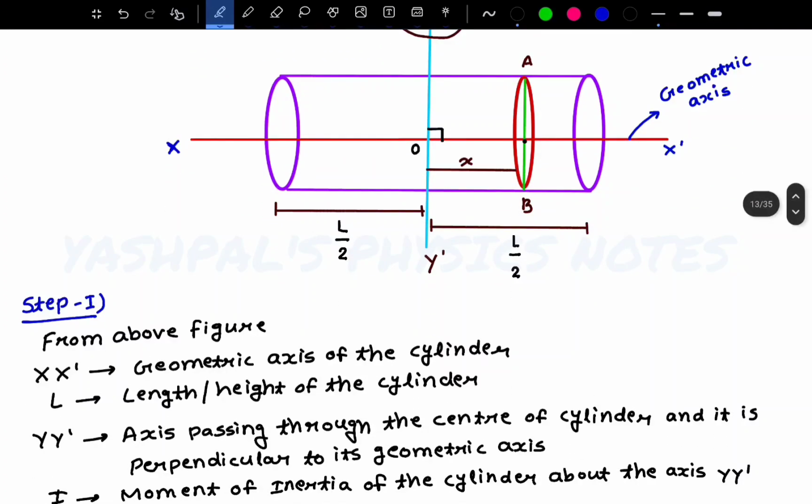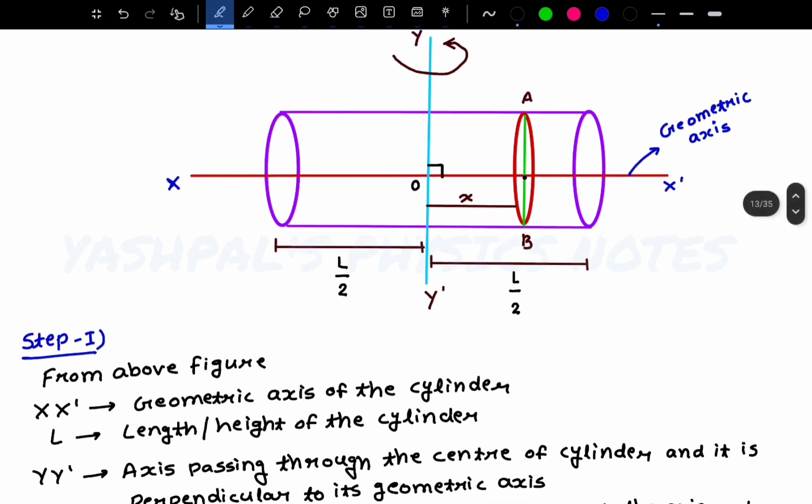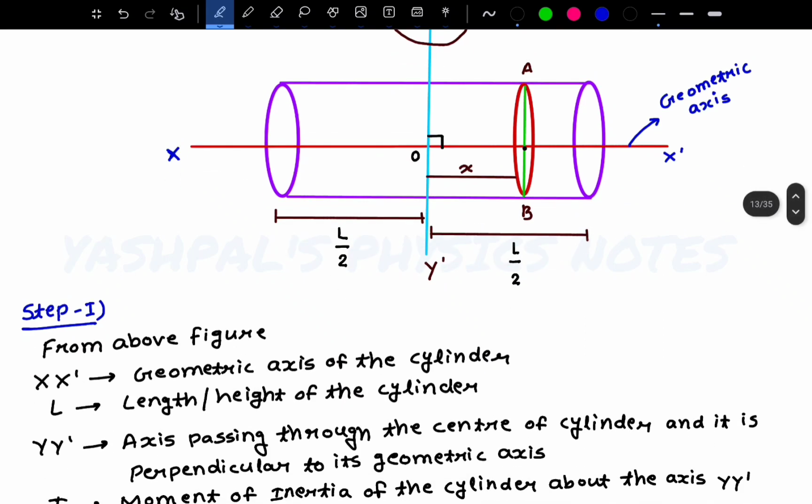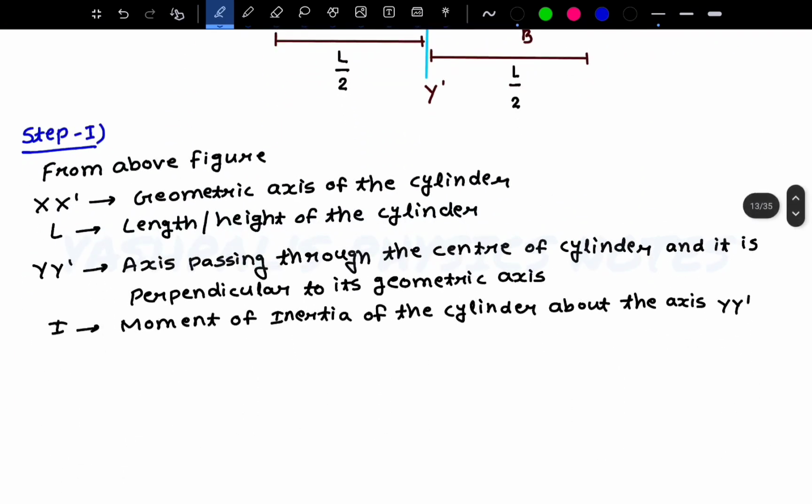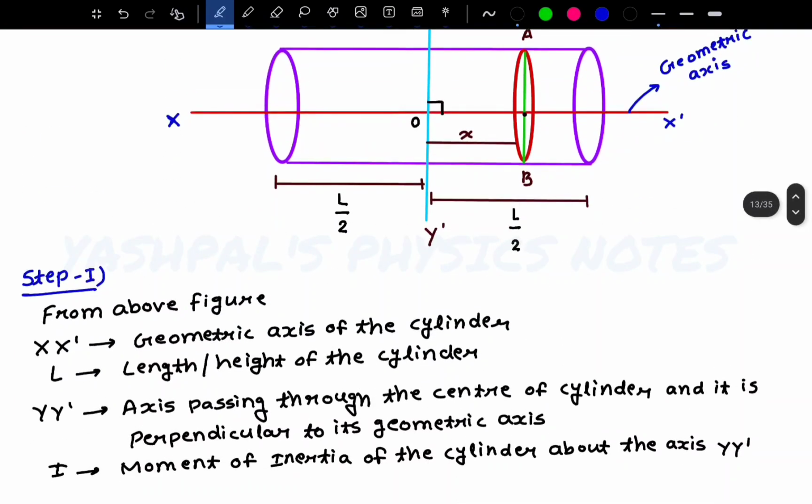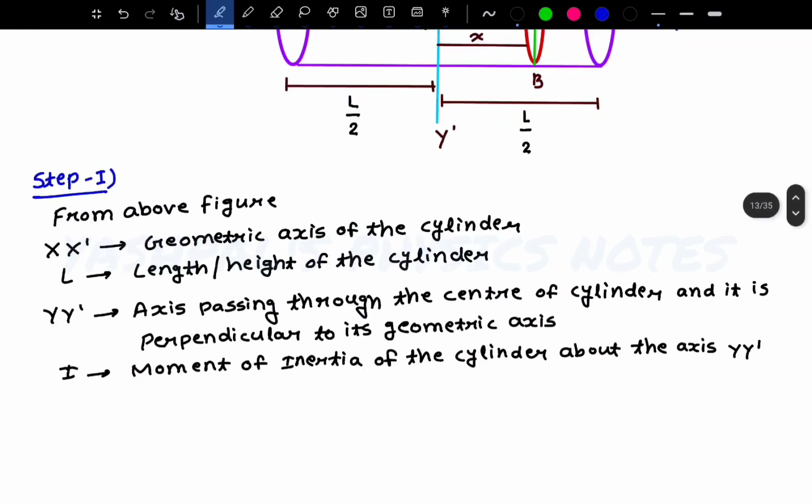Now here you can see, as I have drawn a circular disc with red coloring, we can consider the solid cylinder is made up of such n number of circular discs stacked on one another. Next, let capital AB be the diameter of this circular disc.